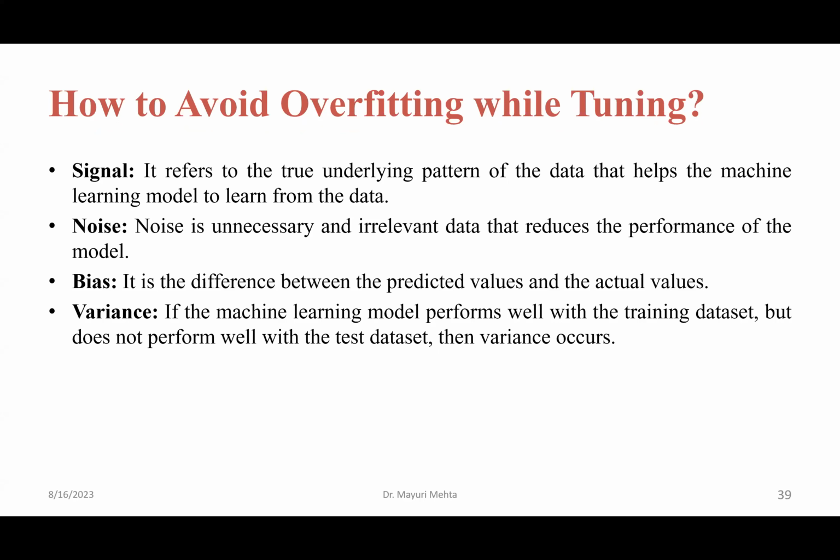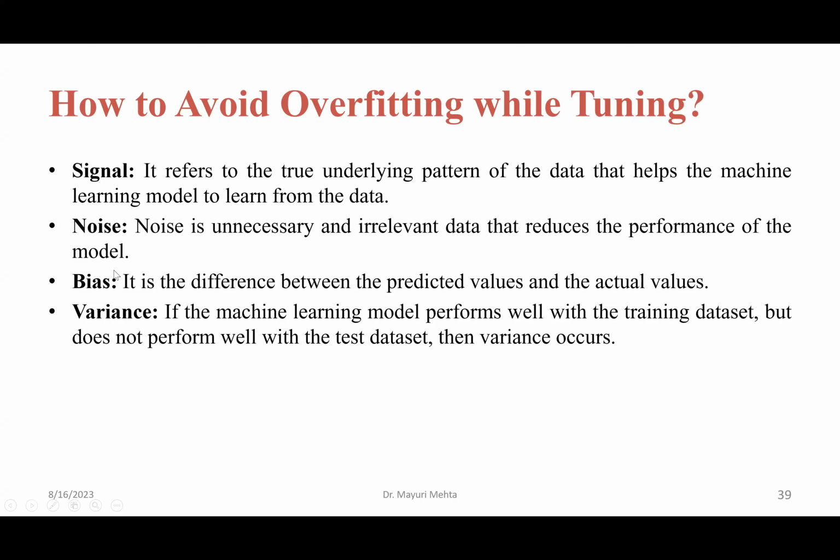Overfitting may happen when we use any machine learning model, because a neural network is one of the ways to make a machine learn from the given data. There are other algorithms too using which machines can learn from data. So signal refers to the true underlying pattern of the data that helps the model learn from the data.